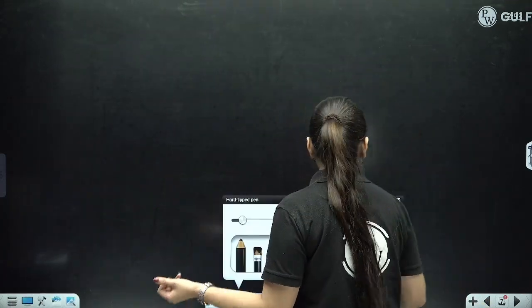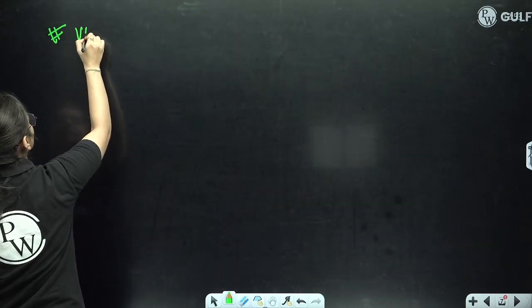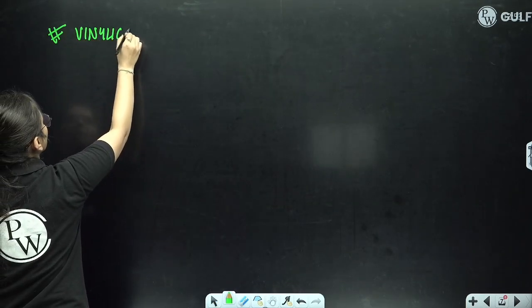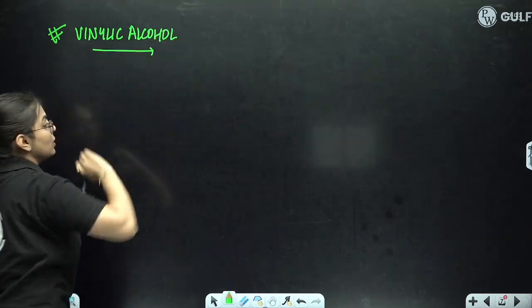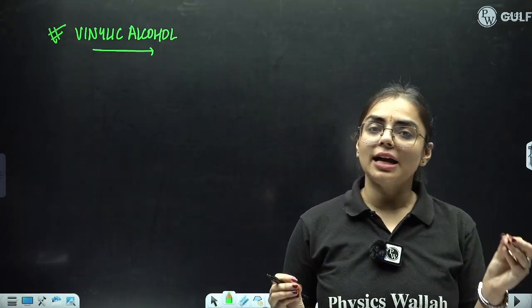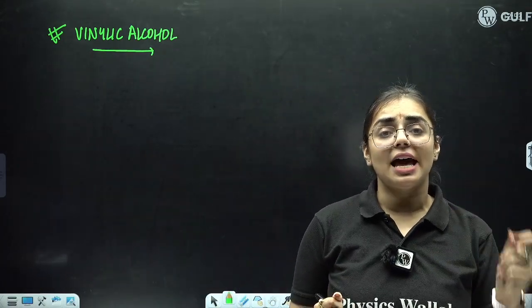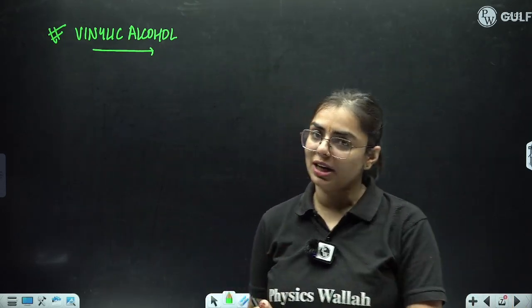Now students, comes the next category, that is vinylic alcohol. Now what is a vinylic alcohol? It is that kind of alcohol in which the OH group is attached to a carbon that is sp2 hybridized and is creating a double bond with another carbon.